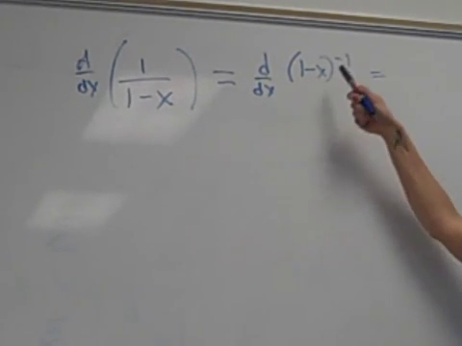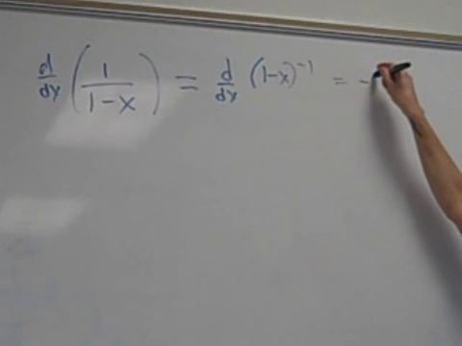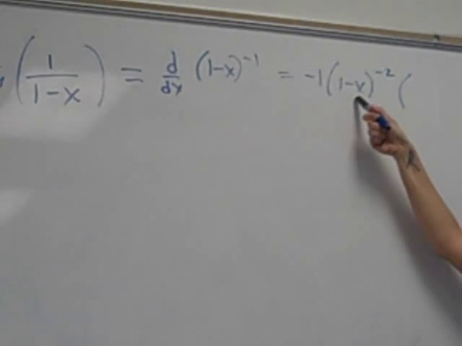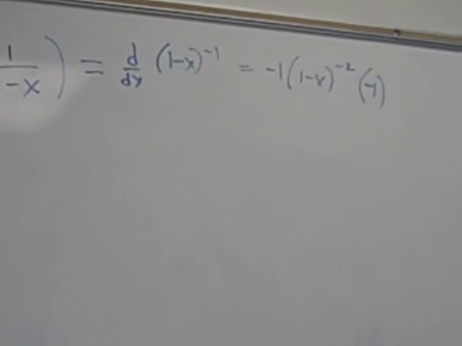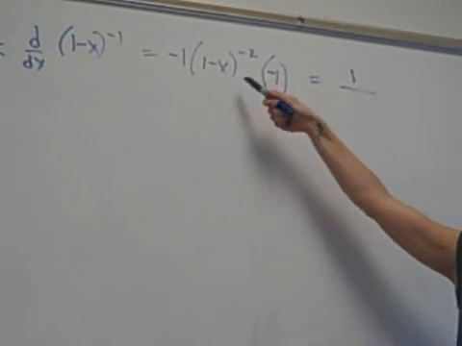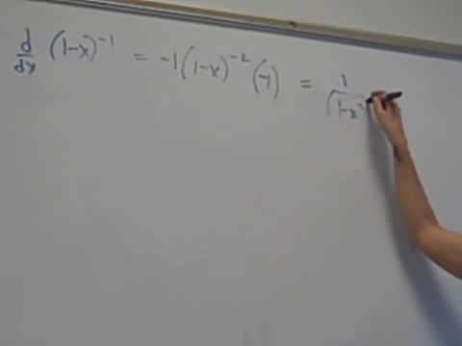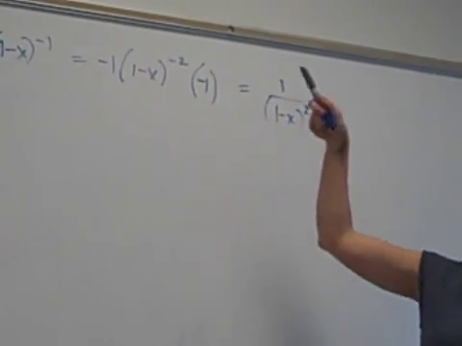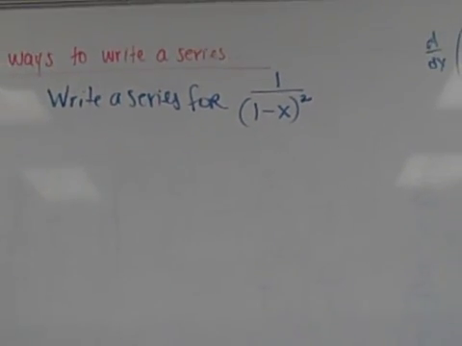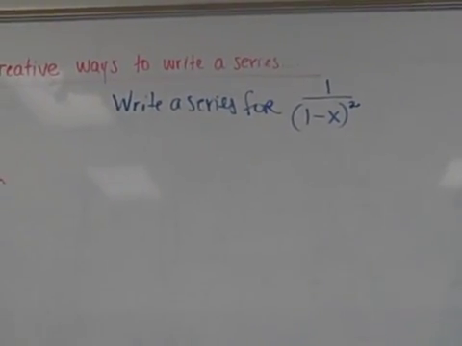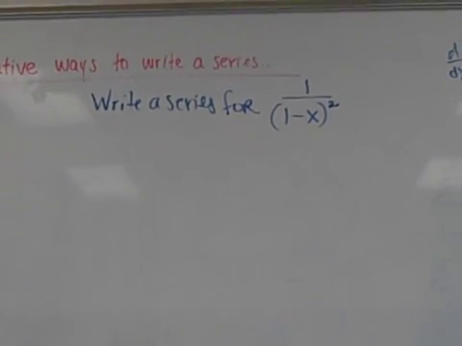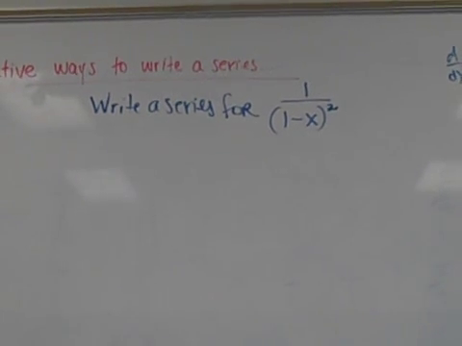Using the power rule, I'd have -1 in front times 1 minus x to the negative second times the derivative of what's inside, which gives me negative times negative, which is a positive, and that goes on the bottom. So I get that. This would be pretty tough to think of on your own, but once you see it, you could reproduce it, because you could be asked that exact problem. If you know how to reproduce it, then you're good.